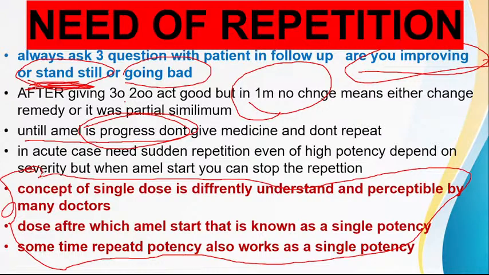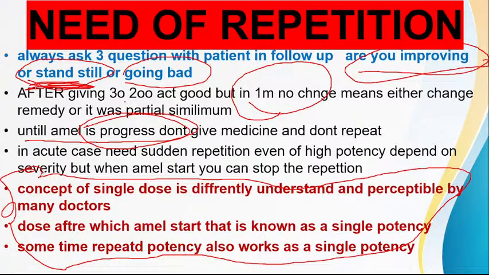If we are giving in repetition mode, like a child comes to our clinic weeping so much, and we prescribe Cina repeatedly every 4 hours, that is also a type of single dose. Single dose is the period in which we start the medicine and the reaction occurs.